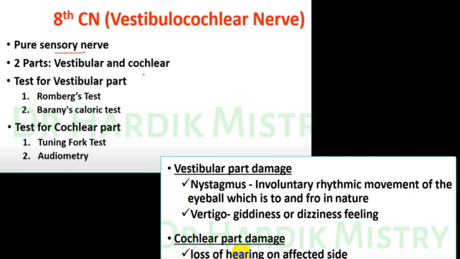Conductive deafness will be because of damage in the middle ear, while nerve deafness will be because of damage to the cochlear division, that is the cochlear nerve fibers. If that is damaged, you will have a nerve conduction damage, and if you have middle ear damage or damage in the external auditory canal, it will be conductive deafness, and both bone conduction and air conduction will be affected.